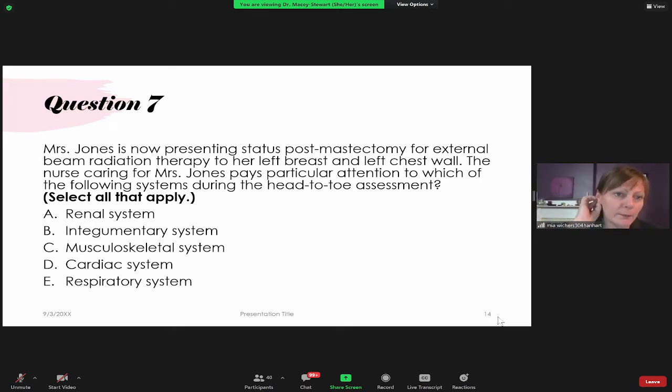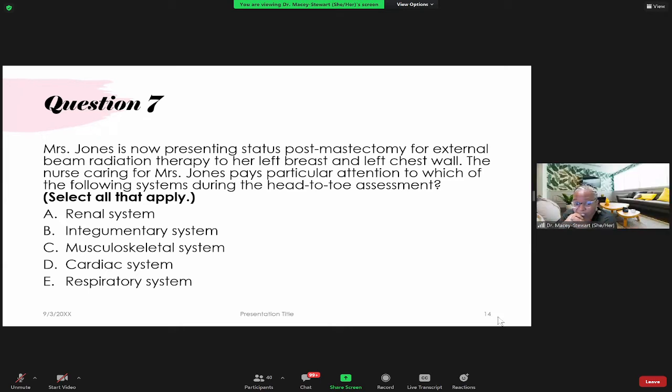So you're more worried about skin, right? Because they can get burns. Cardiac, because you're radiating very close to the heart. And respiratory, you're very close to the lung. Remember I told you in that presentation, location, location, location, where the radiation is being given to the patient.